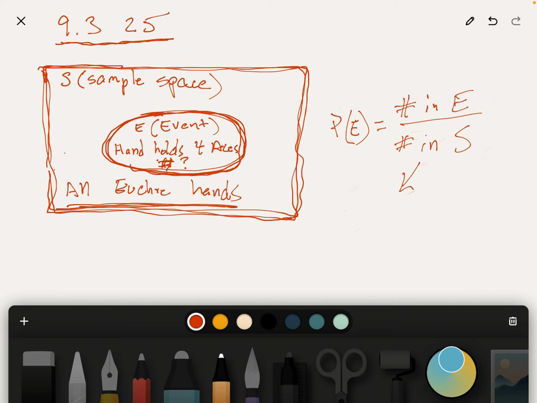You're dealt a set of cards, and in card games, generally speaking, it doesn't matter what order the cards are dealt to you. Once you get a hand, you can rearrange them and you no longer are paying attention to the order in which you receive the cards. So when the order doesn't matter, remember that's a combination problem. When you're dealing with card games, it's almost always going to be a combination problem.